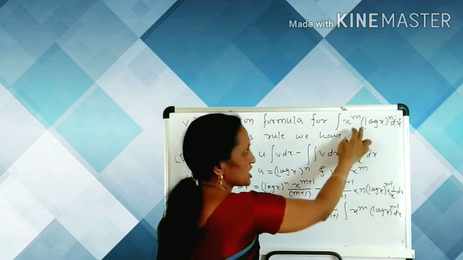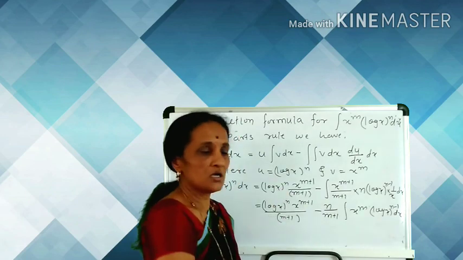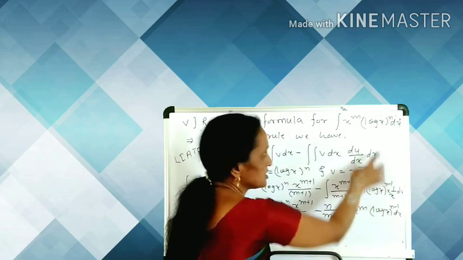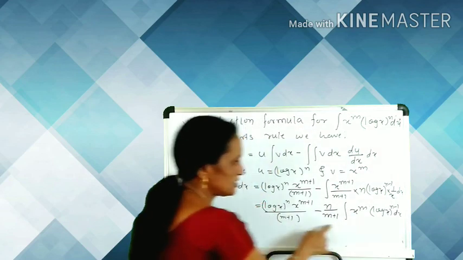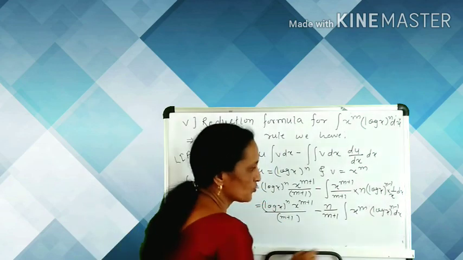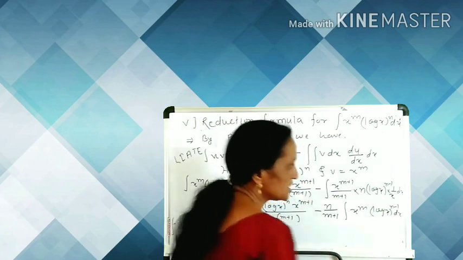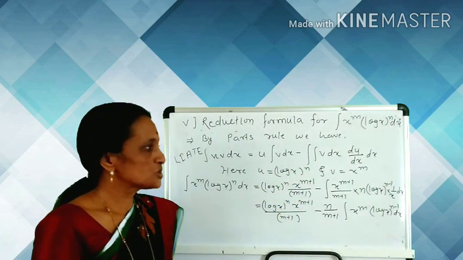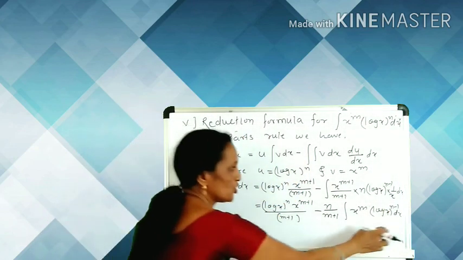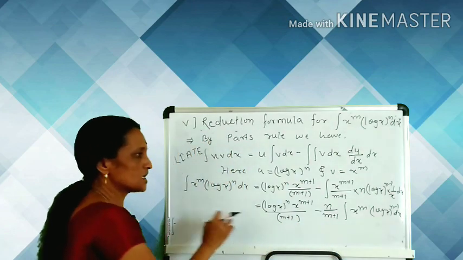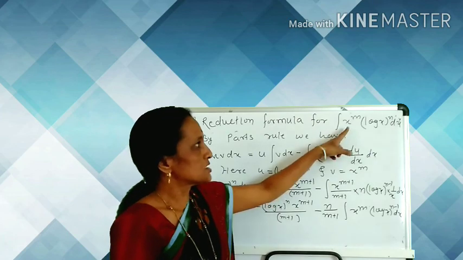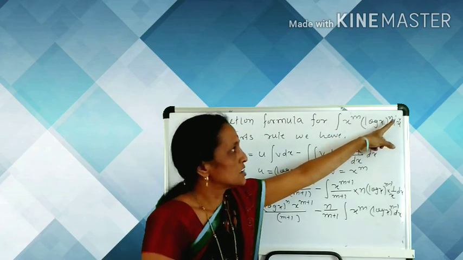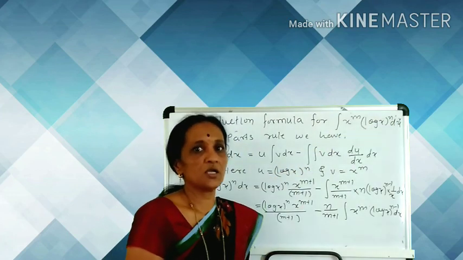These two functions are present in the given formula, but there is log x raised to the n in the left side, while on the right the power is decreased by 1, meaning the power is reduced. So we say that this is a reduction formula for the given function x raised to the m log x raised to the n multiplied by dx.